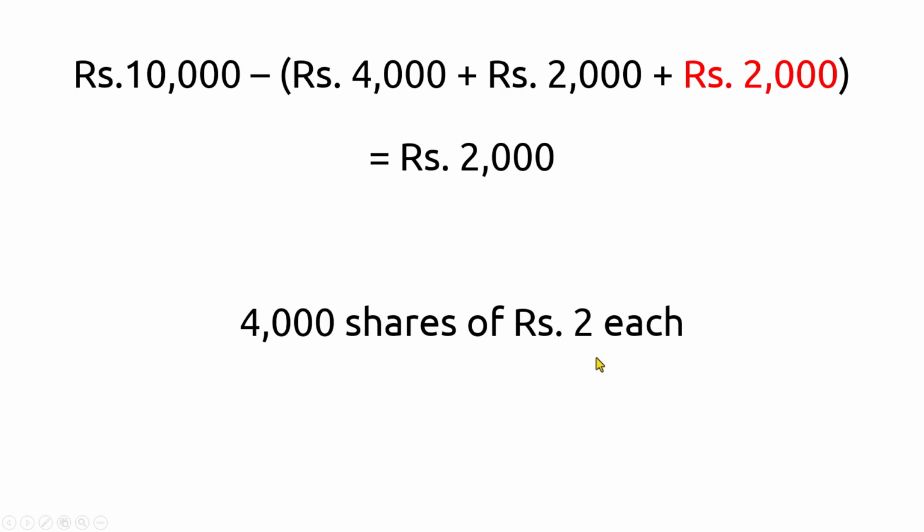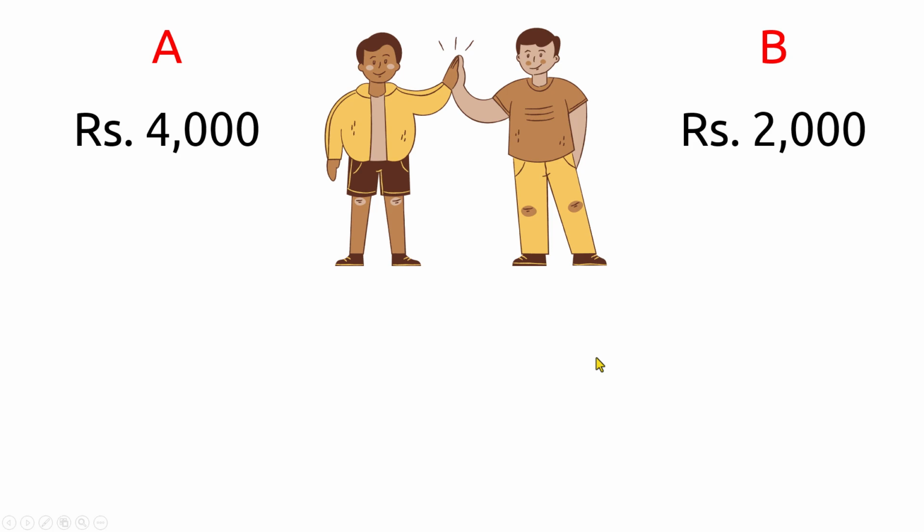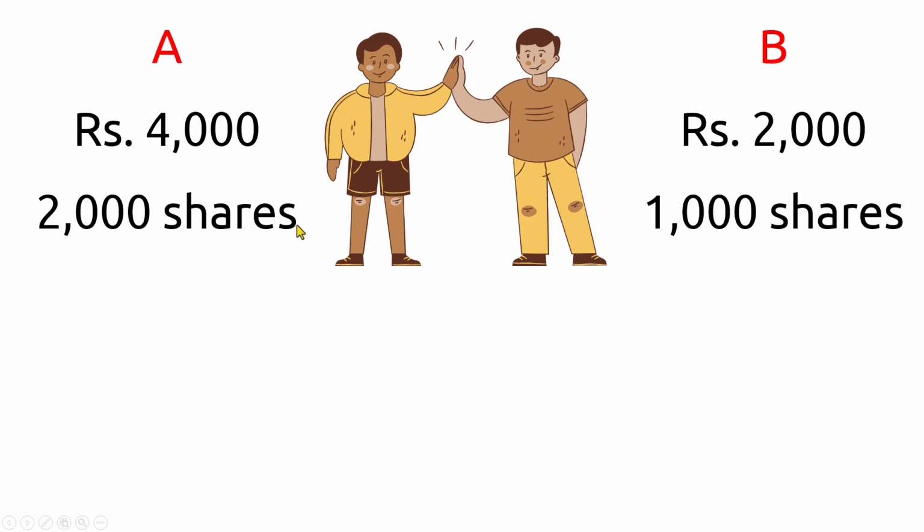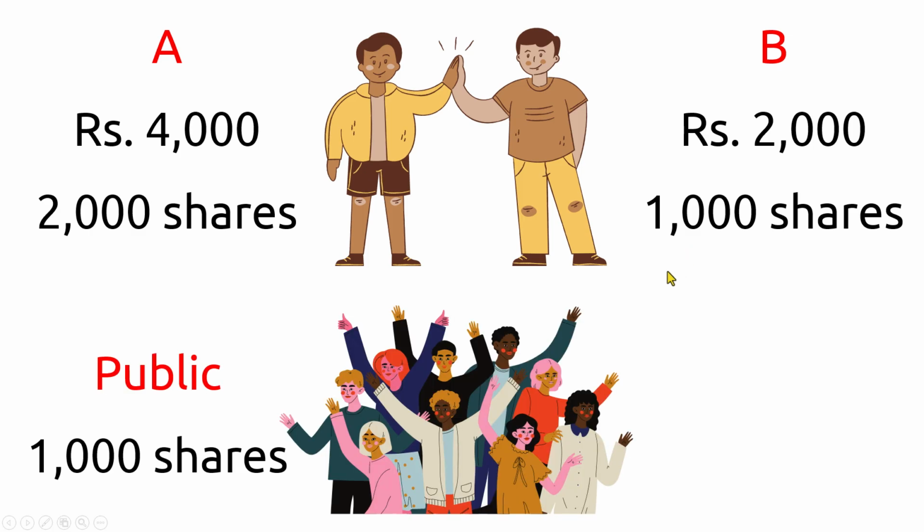After they split the company into 4,000 shares, person A and person B keep 4,000 rupees worth and 2,000 rupees worth of shares, which is 2,000 and 1,000 shares. The rest is offered to the public through an IPO.